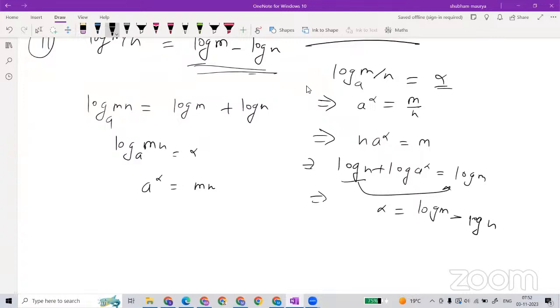So how can we get this one now? We are getting now already alpha is equal to log m minus log n. So that will be equal to log of m by n. We proved this using this one, but I want to prove this one. So how can we prove this?